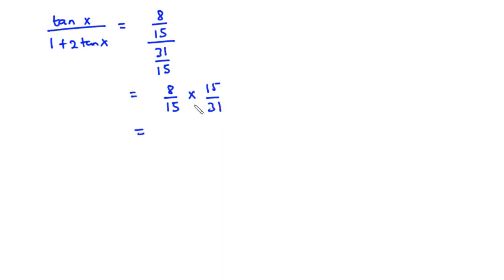We take the reciprocal, and then 15 goes into 15 once, and then we are left with 8 over 31. Therefore, tan x over 1 plus 2 tan x is equal to 8 over 31.